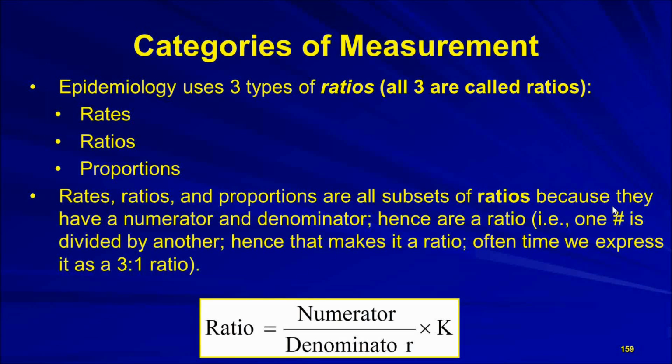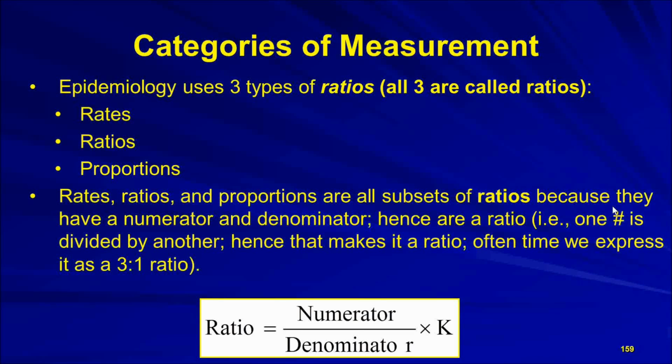Okay? And ratios and proportions are all subsets of ratios because they have a numerator and a denominator, just as I've explained before, hence are a ratio, and they have a constant. Okay? So hopefully you won't be confused and you will understand.